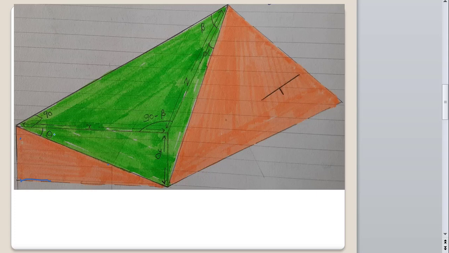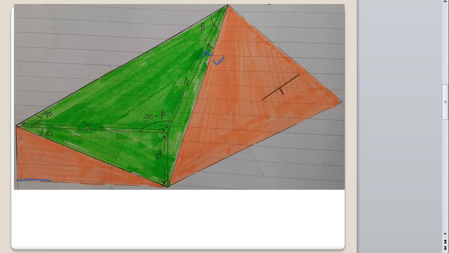Here theta is the true dip angle. Then alpha is the apparent dip, because you can see the view has changed along this section. This angle is known as the alpha angle, also the apparent dip angle.